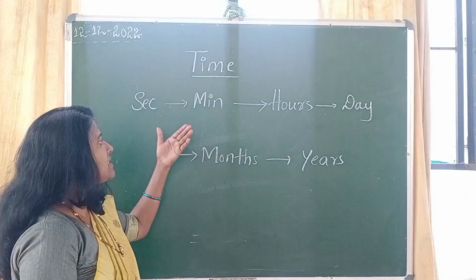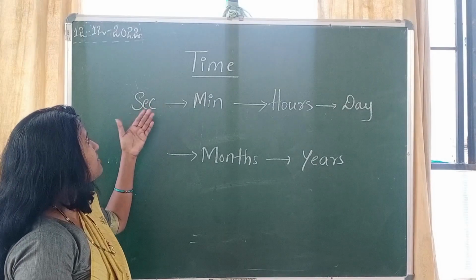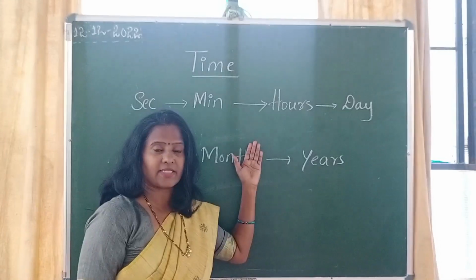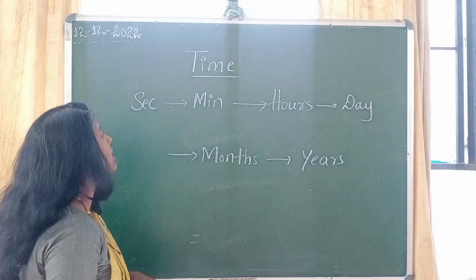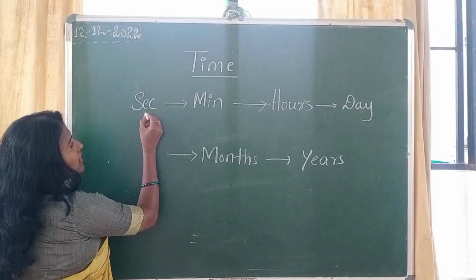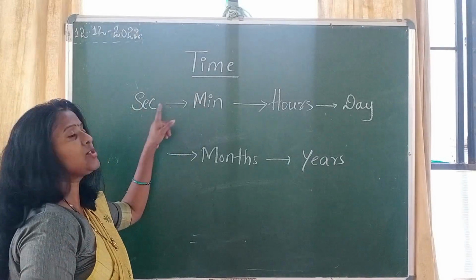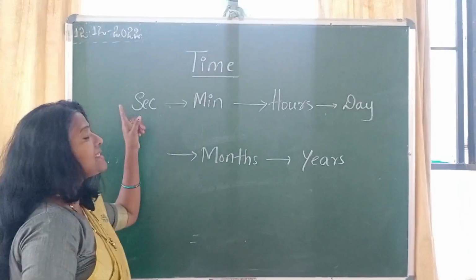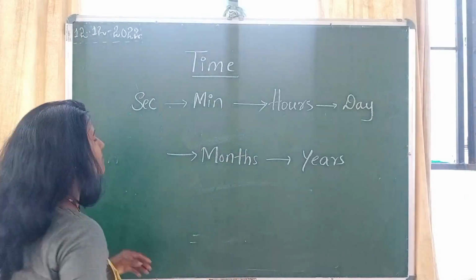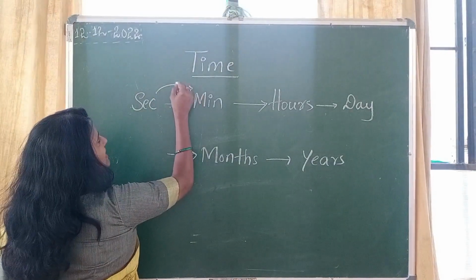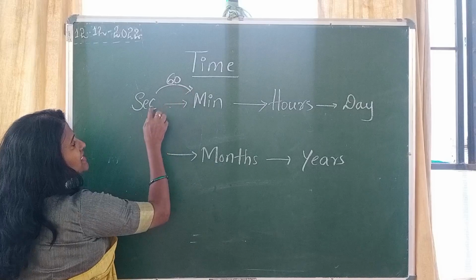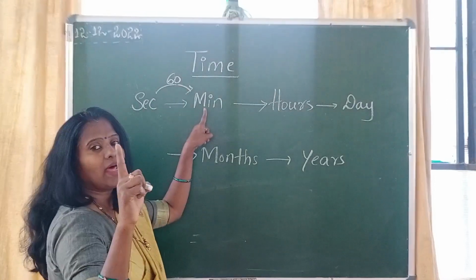So let us see what is the difference between seconds and minutes, how many times it is more. If you want to convert minutes to seconds, how many seconds make 1 minute? It is 60. 60 seconds make 1 minute.